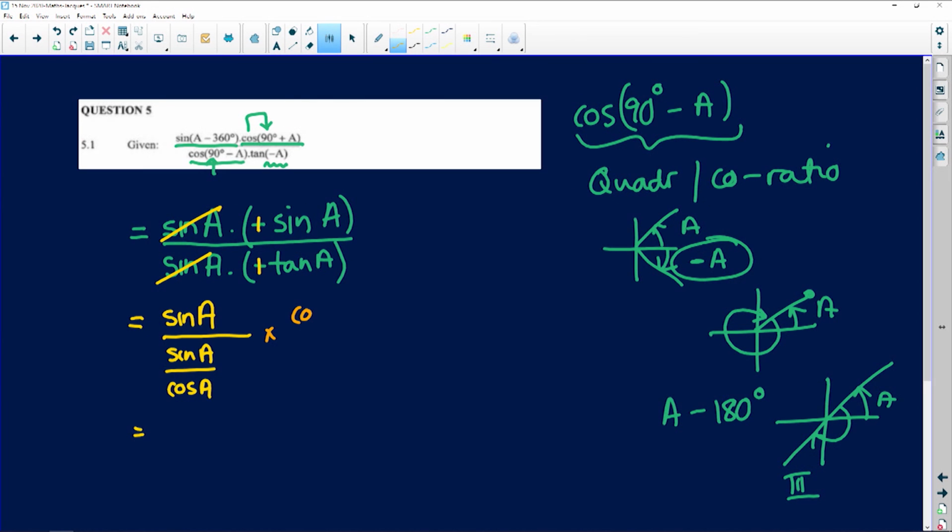So I times the top with cos a, I multiply the denominator with cosine of a. Those two go away. Then I'm left with sine over sine, which is 1, multiplied by cos a. So in fact, I'm left with the cosine of a.